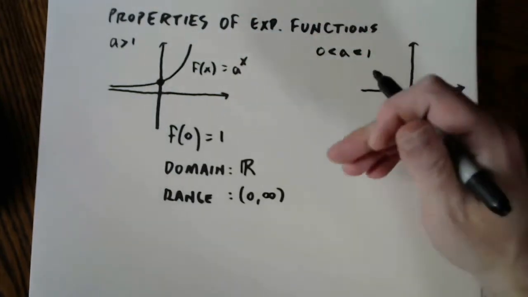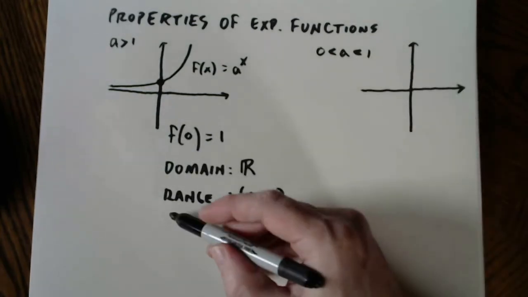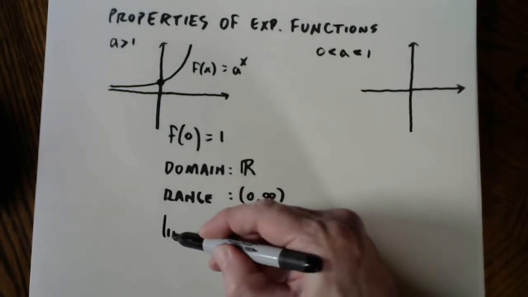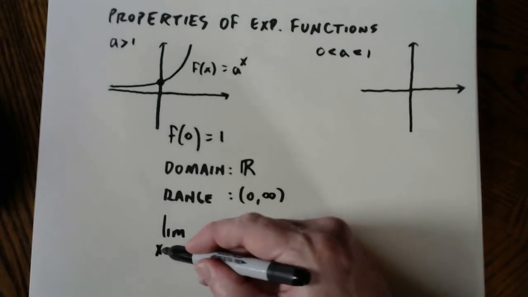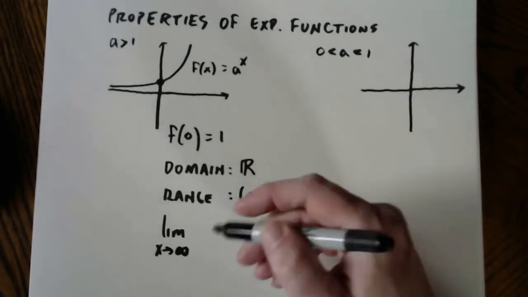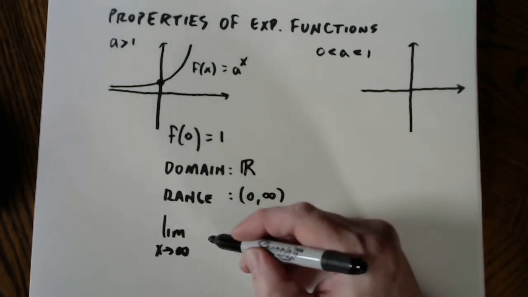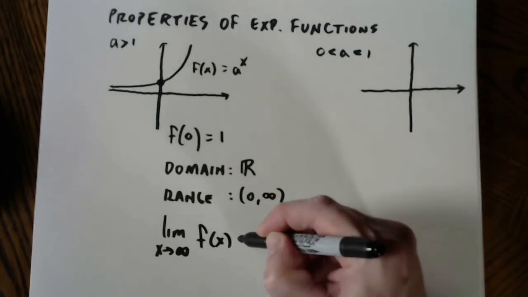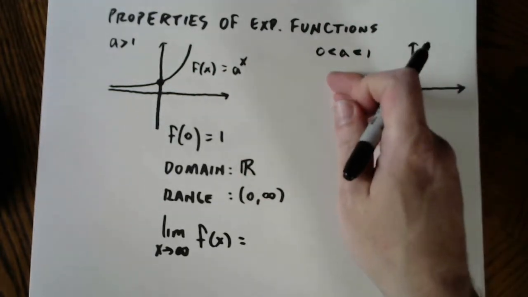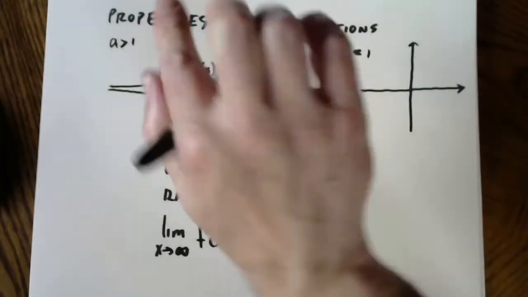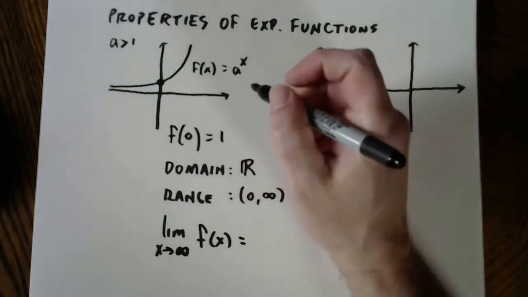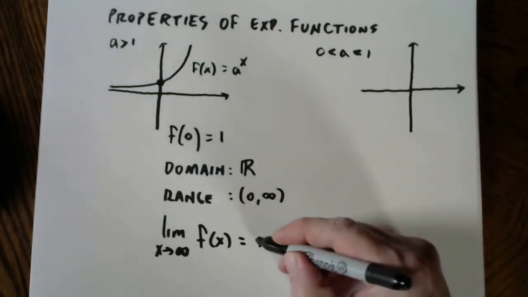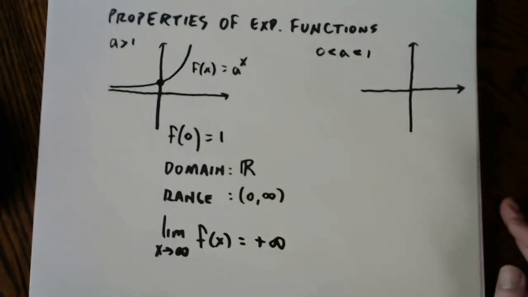Okay, so back to the end behavior. What are these limits? This kind of thing comes up quite a bit. So the right end behavior, what is this thing doing in this direction as x goes to infinity? This thing goes to infinity. This thing grows without bound.